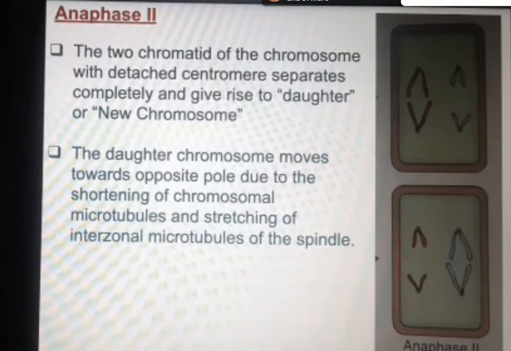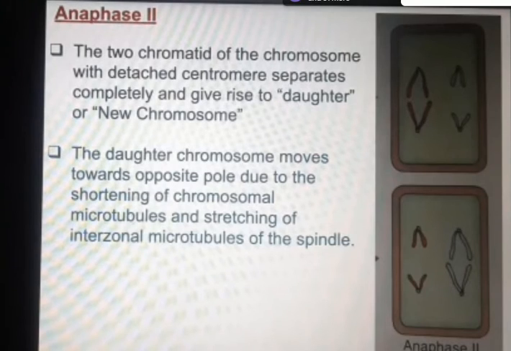As soon as they were detached and started to move towards their poles, the anaphase second stage started, and it continues until the cells reach the respective poles.